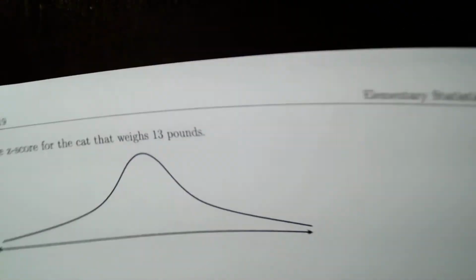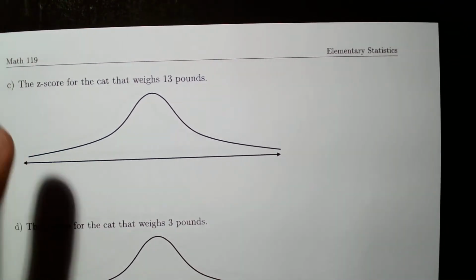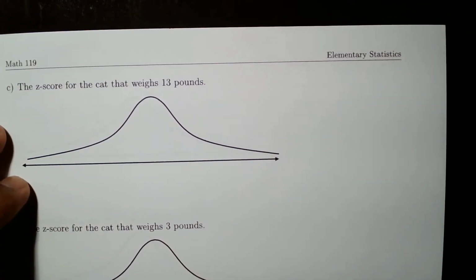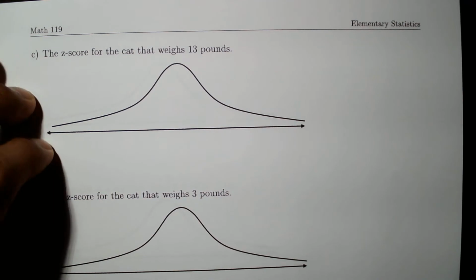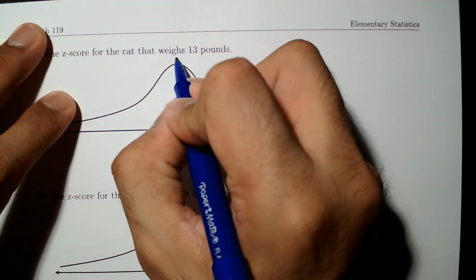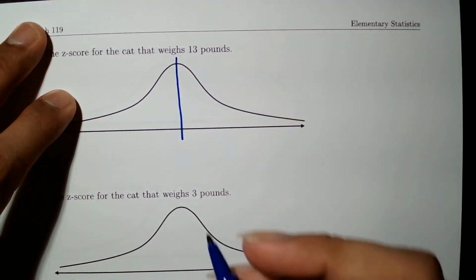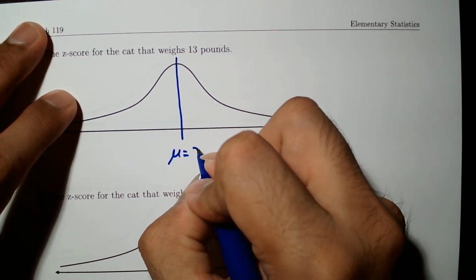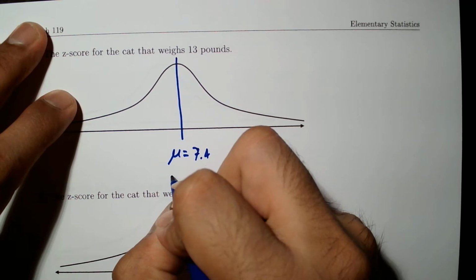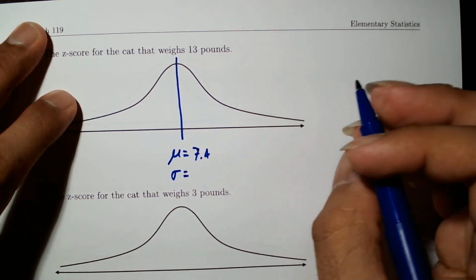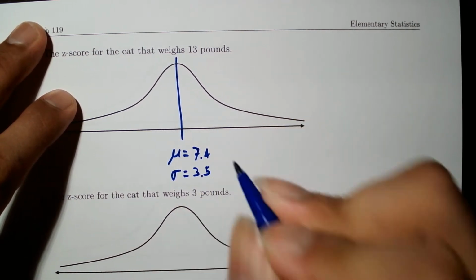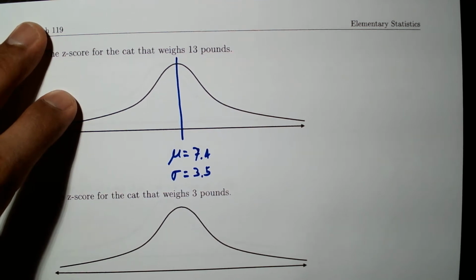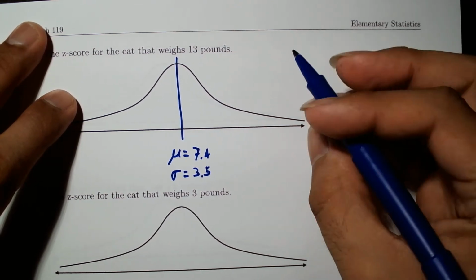Okay, so let's find the z-score for the cat that weighs 13 pounds. All right, so this is what I like doing. Put the bar right in the middle, write down the mean, which is 7.4, and the standard deviation, which is 3.5. Okay, and in this case, let's calculate the z-score.